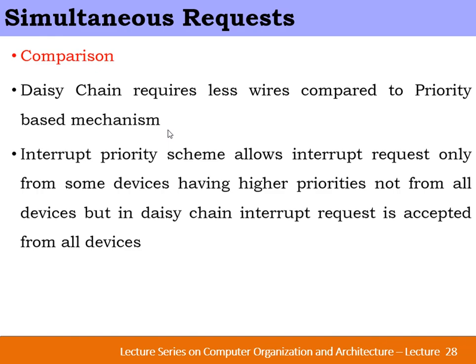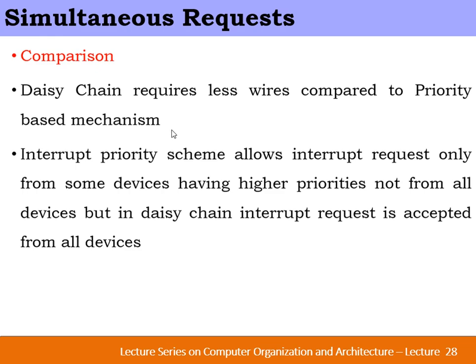In the previous lecture we discussed the priority based scheme. In the priority scheme, we have an individual interrupt request line from every device, and an individual interrupt acknowledgement line to every device. So in daisy chain, the number of wires required is less compared to the priority based mechanism.